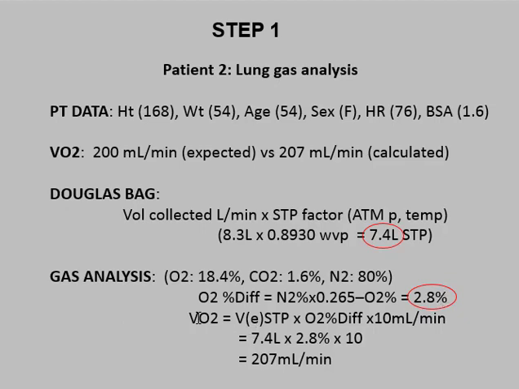So that VO2 then becomes volume expired at STP times the O2 percent difference times 10, becomes 7.4 liters times 2.8% times 10, which gives us 207 mils per minute, which is where we got that figure above.